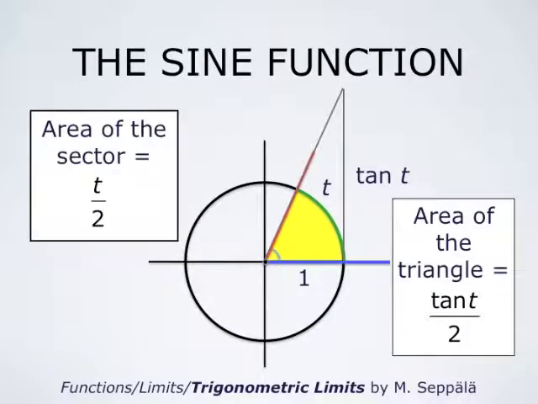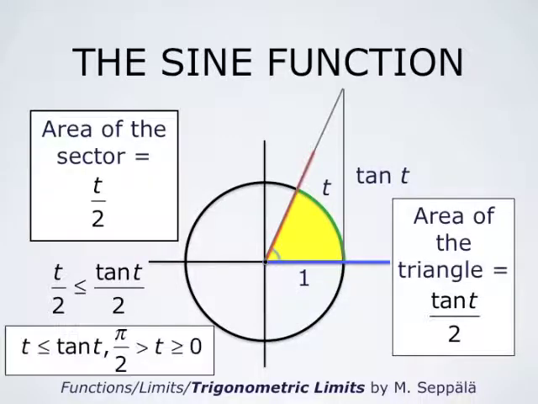So this means that the area of the yellow sector, t over 2, is at most tangent of t over 2. We may multiply by 2 and we observe that t is at most tangent of t for t between 0 and pi over 2.